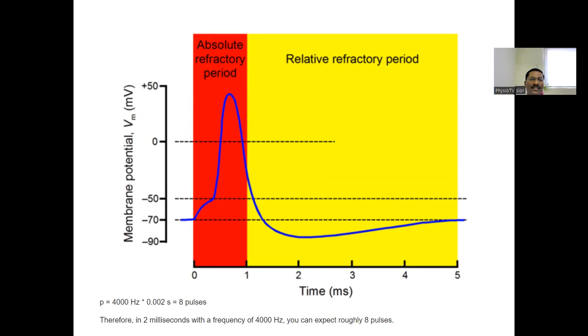That means there are some pulses which will be in the absolute refractory period, which will not produce any muscle contraction. Then there are 4 pulses which fall into the relative refractory period, which, if of sufficient intensity, may produce contraction. So what we need to understand is we do not get continuous or rhythmic contractions. We get asynchronous or irregular contractions when we use interferential current.